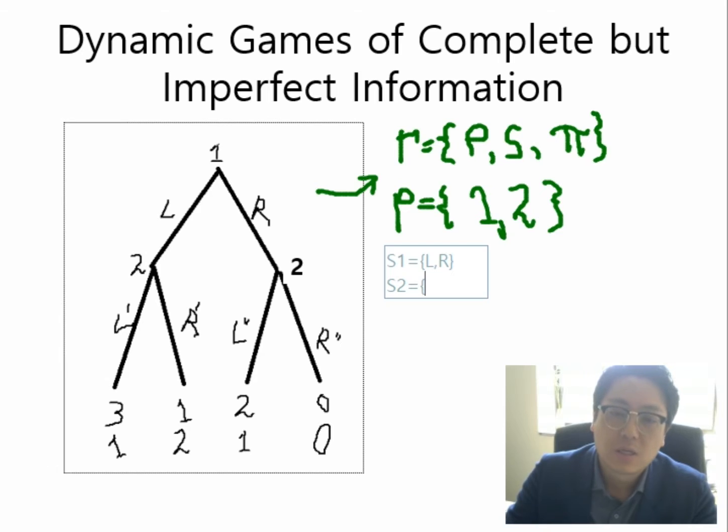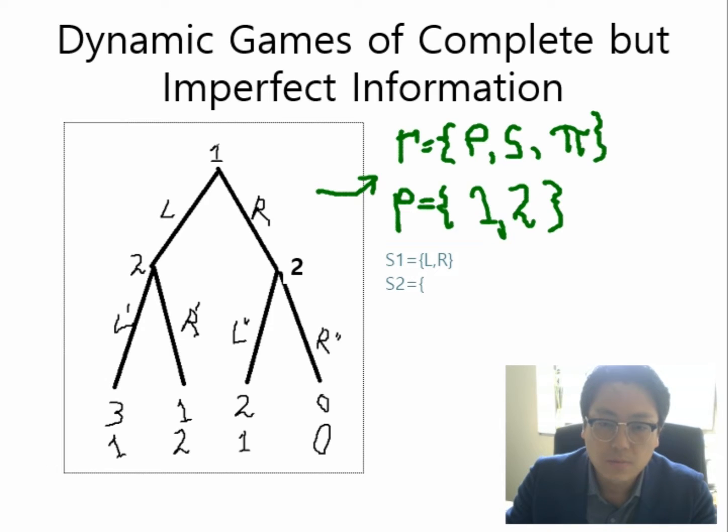In the first contingency, or in the first node, the second player will choose between L prime or R prime, right? And then in the second contingency, he or she will choose between L double prime or R double prime.